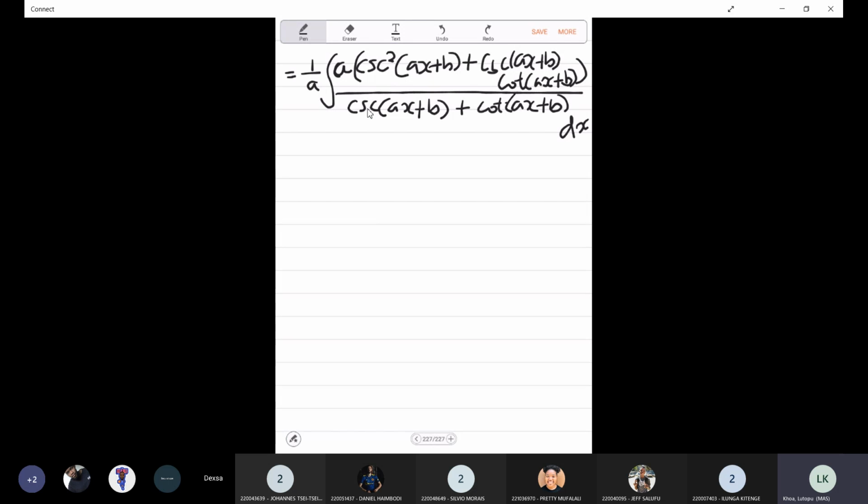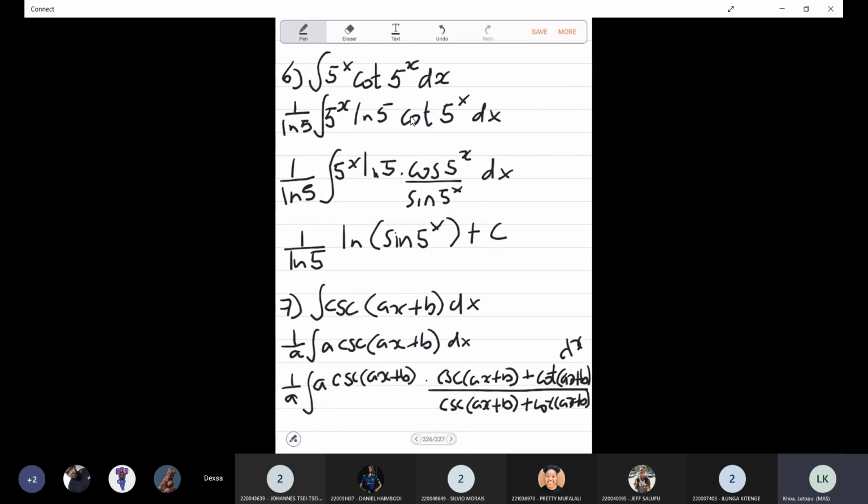Then if you look at your denominator, if you were to differentiate the denominator, the only thing that is missing is the negative. So I can add a negative there and negative there, which I should have added in the beginning. Because the derivative of cosec ax plus b is, did I multiply this out completely? Cosec squared, yeah.